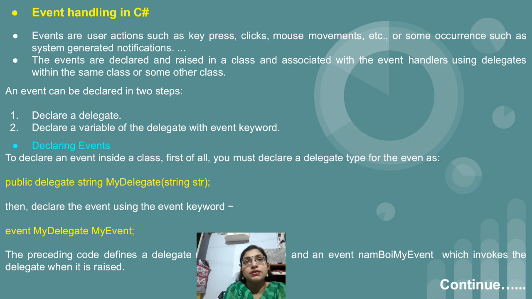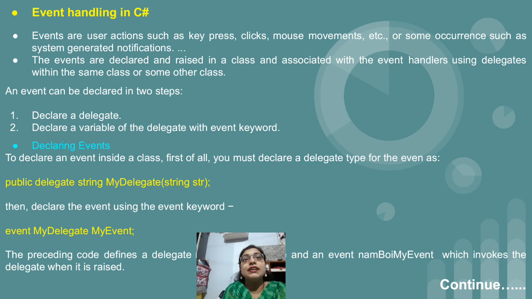to perform certain actions. So events are declared and raised in a class and associated with the event handlers using a delegate within the same class or another class. So normally we can declare the event and we can raise it, means we can call that particular event in a class, and just to implement this concept we should have the delegate with us.